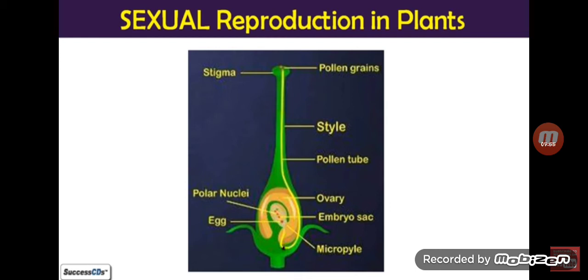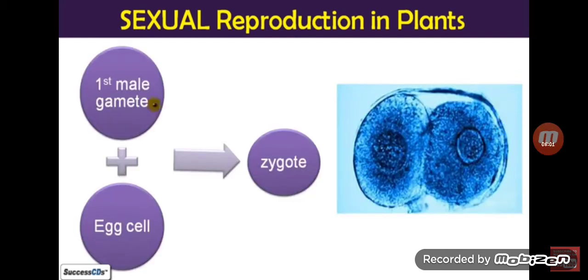Now, what happens to these nuclei and the tube cell? Here you can see towards the right, the blue colored figure is the two nuclei. So what happens? One among them, the first male gamete, fuses with the egg cell and forms the zygote.